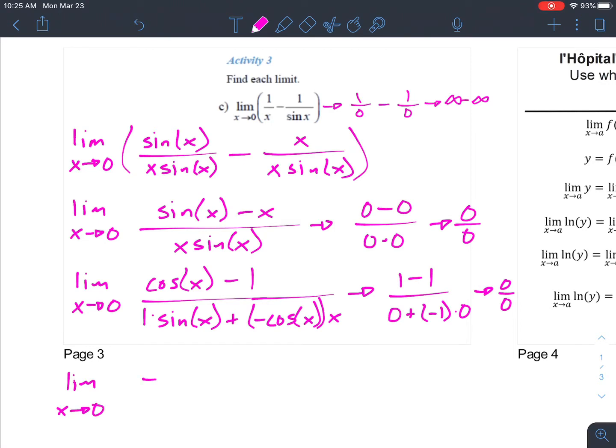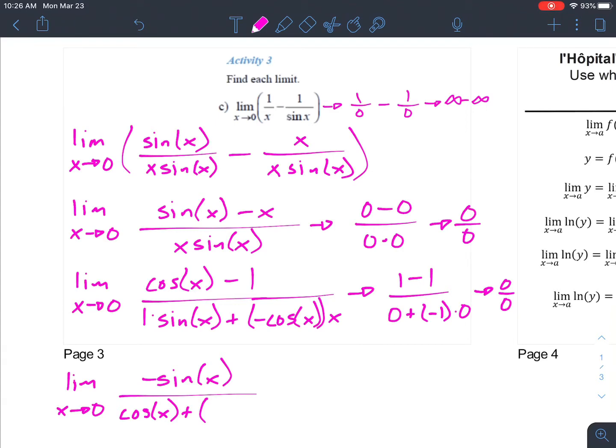Up on the top we're going to get negative sine of x. Down on the bottom, this first part was just sine of x, so its derivative is cosine of x. Now for the second part, that's going to require another product rule. So it's going to be f prime g, which I'm going to say negative cosine is our f prime.